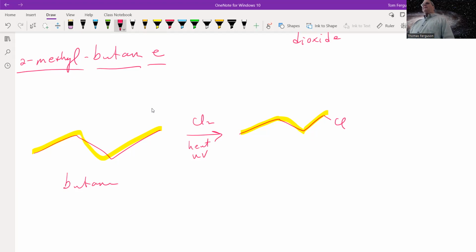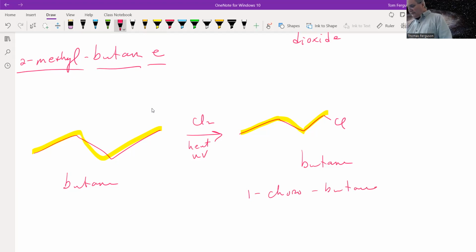And the product is, what is the product name going to be? And I have butane in it, but what's the numbering system we're going to be using? Well, you can come up with 2 names for this. One name is 1-chlorobutane.